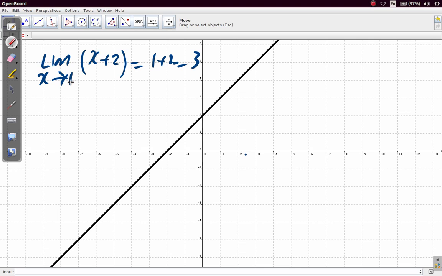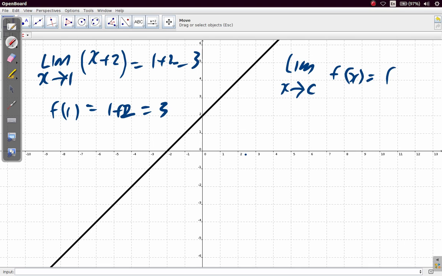Alright? Of course, f of 1 is equal to 1 plus 2, which is 3. That came back to where we said if the limit as x tends to c of f of x is the same as f of c, then the function is continuous.